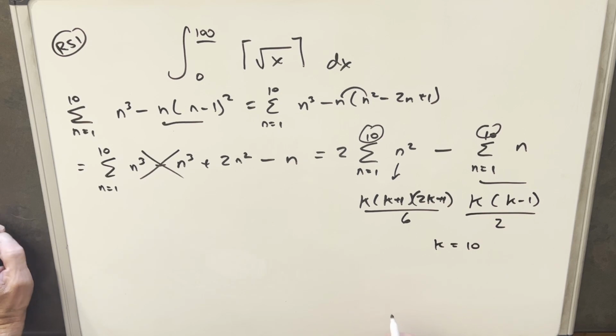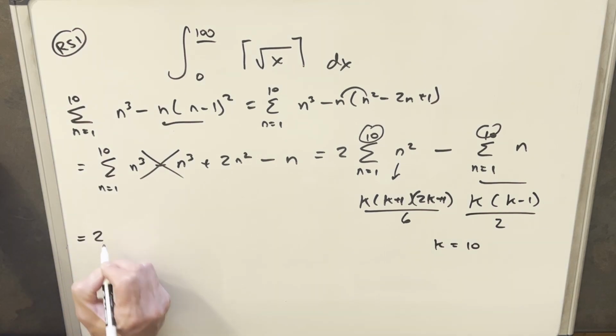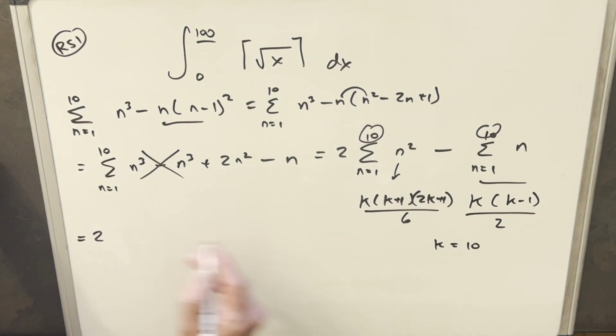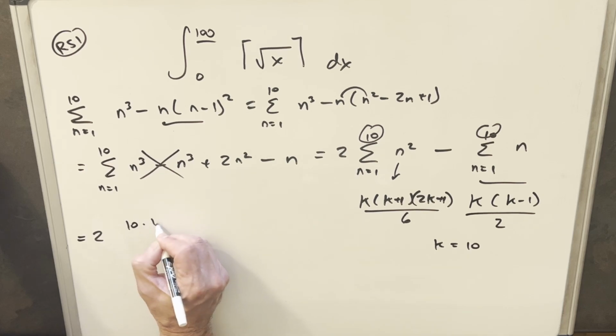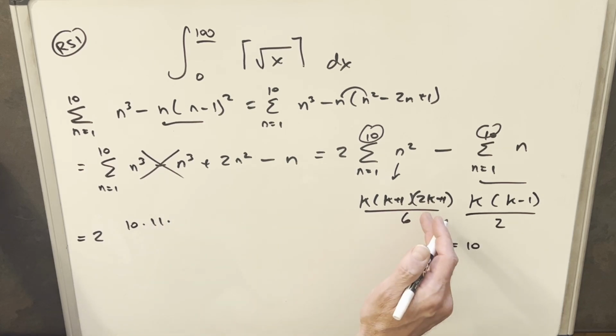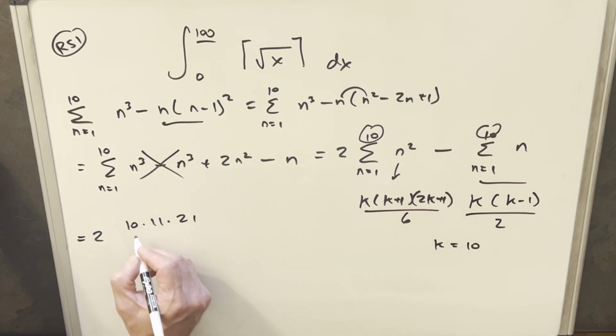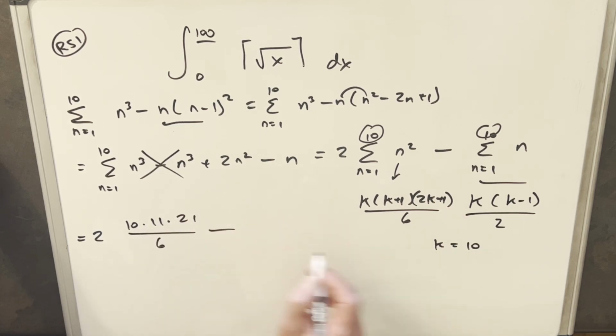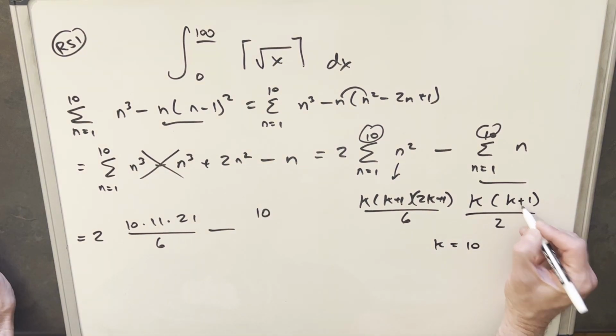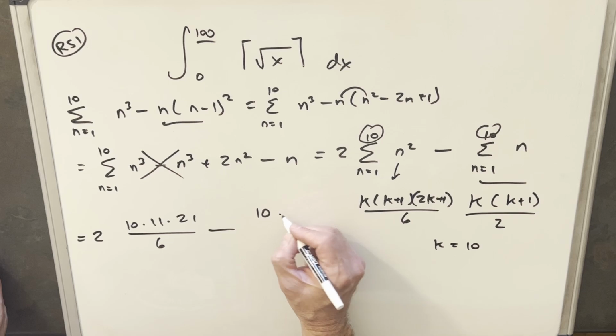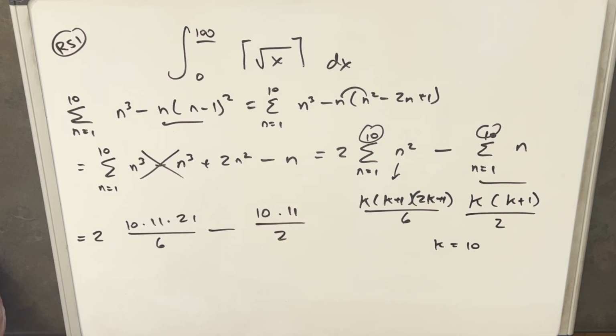So k is going to be 10. So let's see what we have. We're going to keep our 2 out front. We're going to have 10 times 11 times, for 2 times 10 plus 1 is going to be 21 over 6. And then for this one, we're going to have 10 times 11 over 2. Sorry, that's a typo. This should be k times k plus 1 over 2, so it's going to be 10 times 11 over 2.